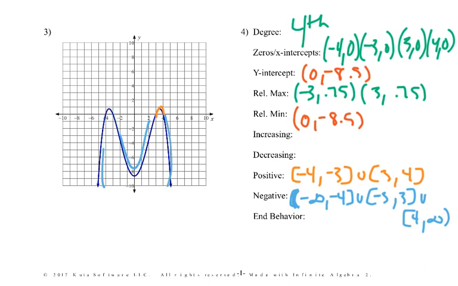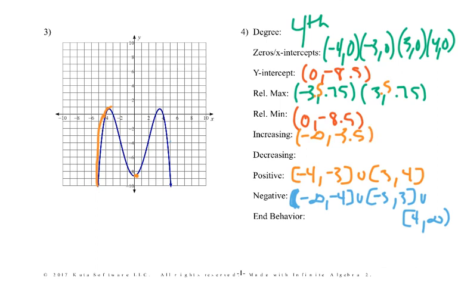Now for increasing and decreasing, okay, increasing, we start till we hit that maximum. So I'd start at negative infinity until I hit that maximum, which we said was about -3.5, although it should have been 0.5s, huh? Okay, then it decreases till we hit our minimum.